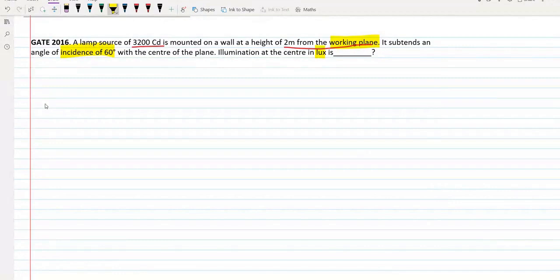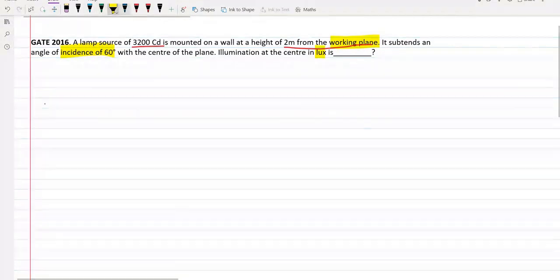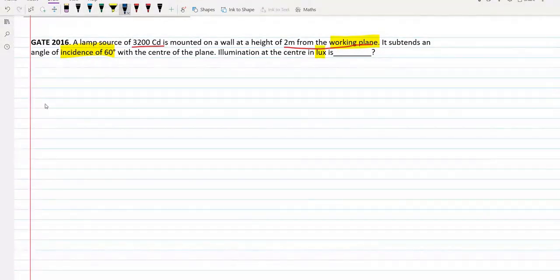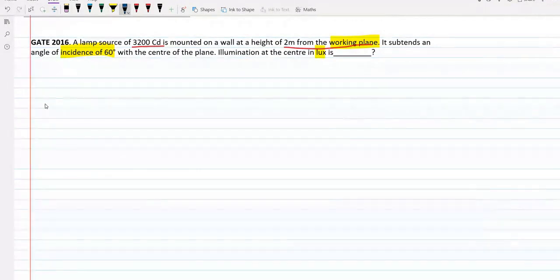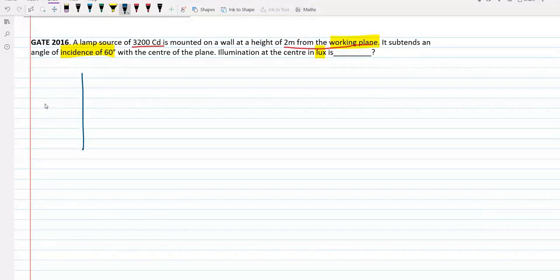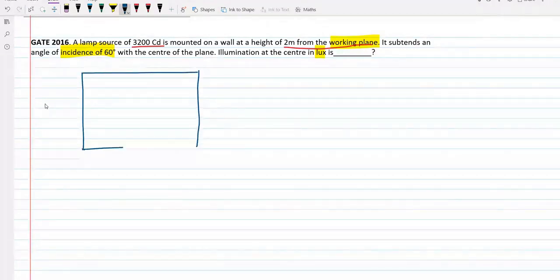In lux. Fine. So again, whenever we read a question, the first thing we should do is draw the diagram. And then we'll look into the different entities that we have marked in this particular question. Fine. So imagine this to be the room. What it states is the lamp source is mounted on a wall.